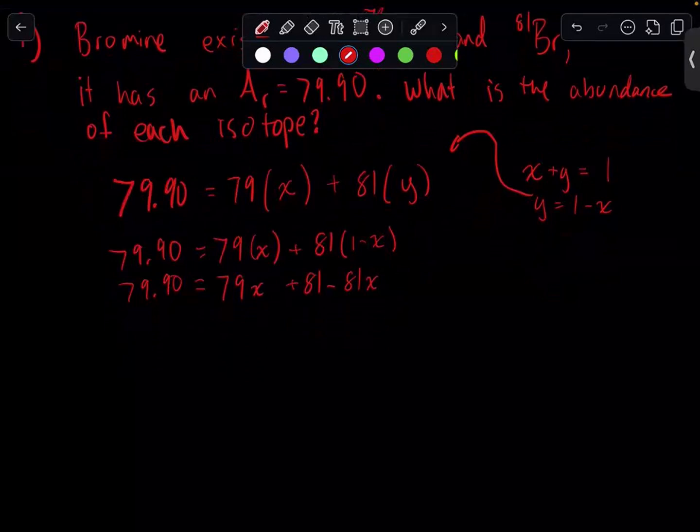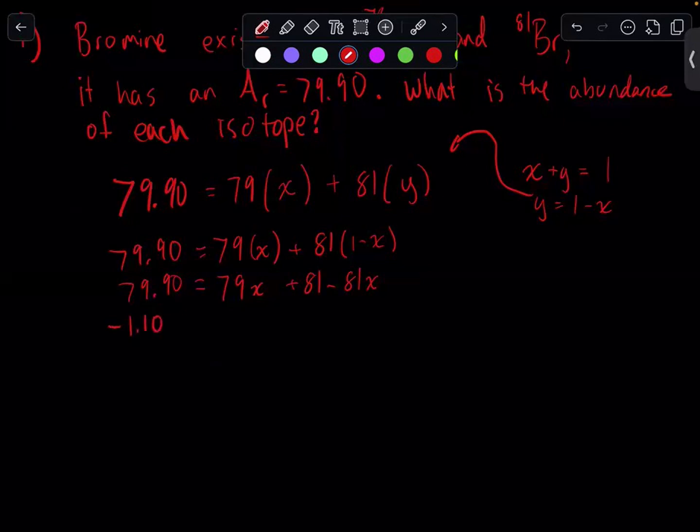We're going to combine like terms and move our 81 over to the left. So I find that I will get negative 1.10 by subtracting 81 from both sides is equal to negative 2x. I will divide by negative 2 on both sides and find that x is equal to 0.55.